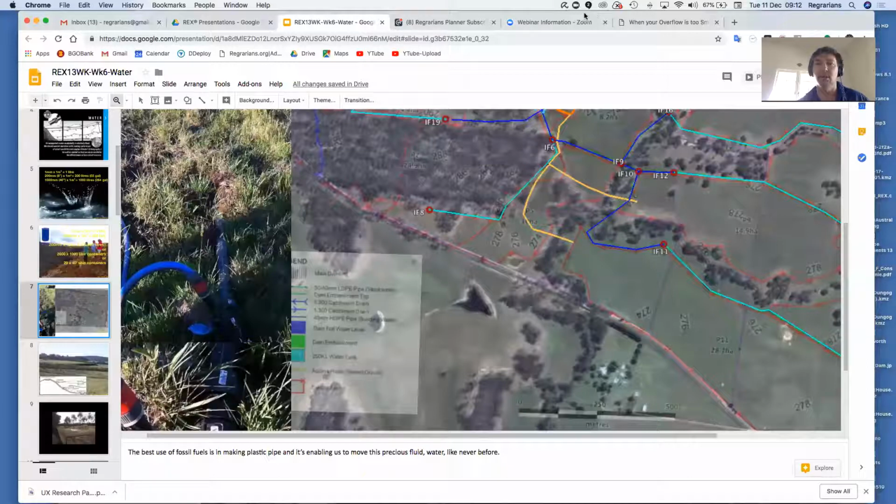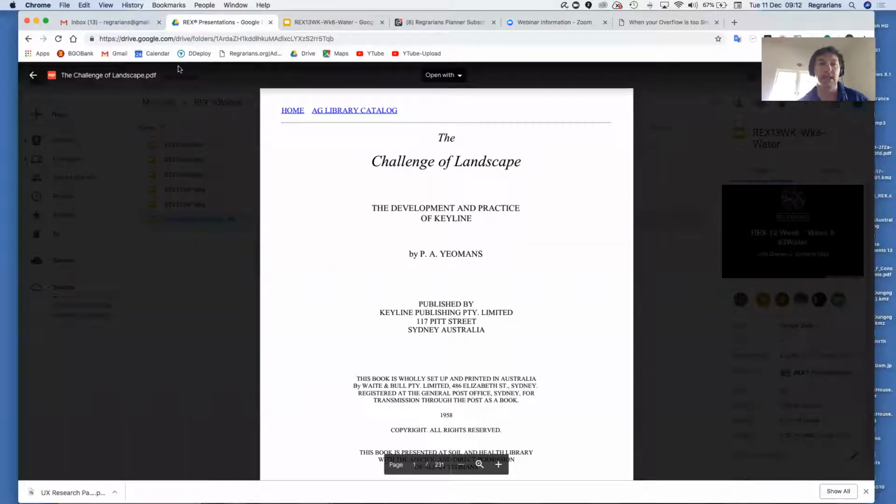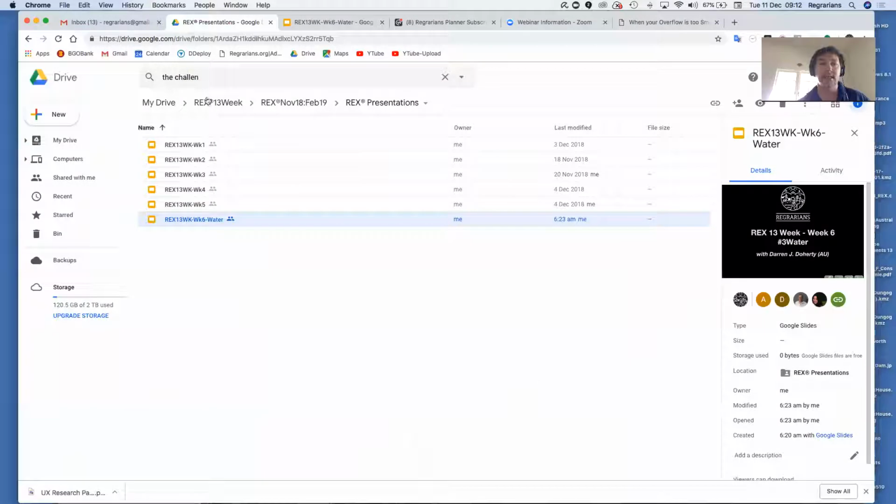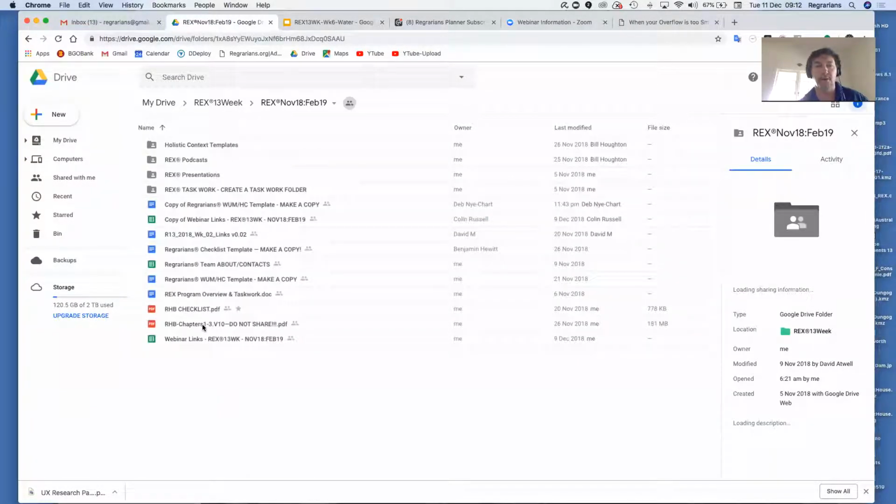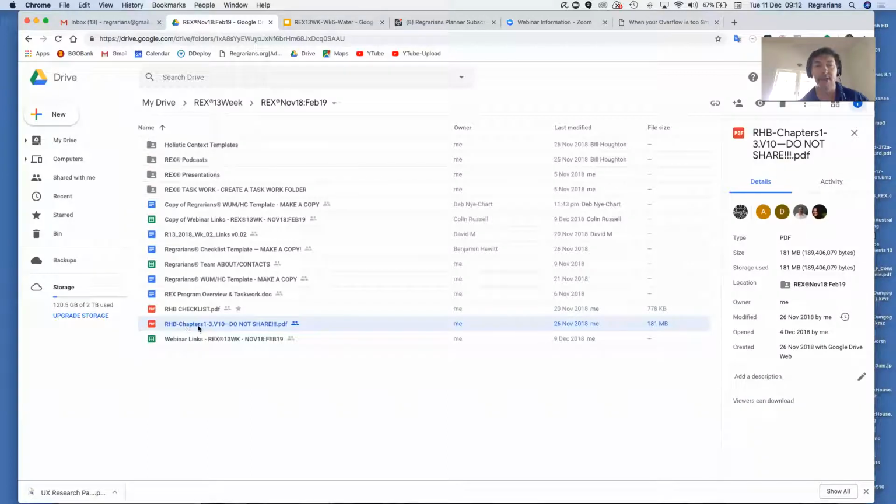If you go to the presentations, you've got the RHB chapters 1 to 3. So please do as I've done. Go down to your local Staples, Officeworks, Office Depot, any of those places, and print one of these out so that you've got it. It makes it a lot easier to navigate. It was designed to be printed, and have a good read of that.